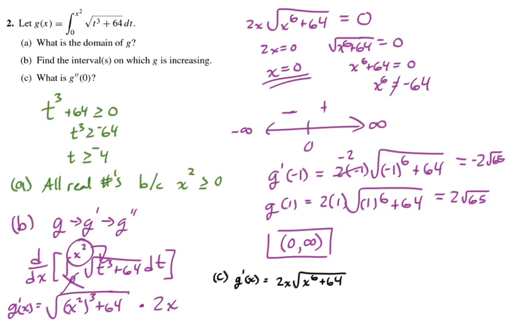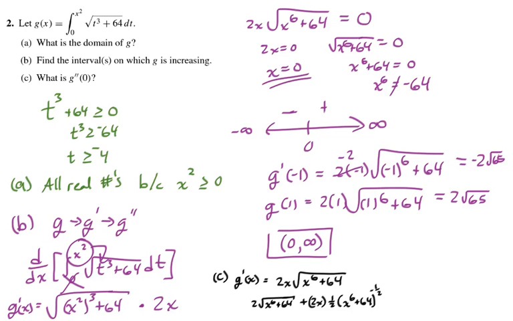Okay, the derivative of 2x is 2, and that's multiplying x to the 6 plus 64 under the square root. And then we're going to add 2x times the derivative of this second function right here. So we're first going to take the derivative of the outside function, which is going to be 1/2 times x to the 6 plus 64 raised to the negative 1/2.